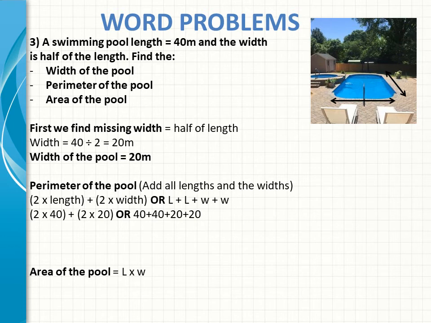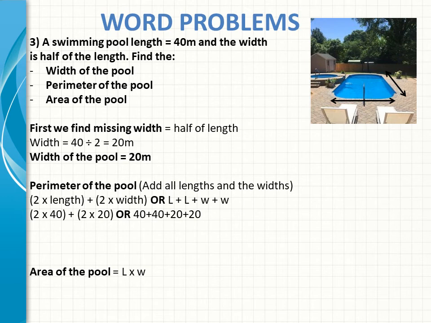And then the width, 20 meter up at the top there where the trees are towards that side, and 20 meters just where the arrow is, close to where the chairs are here. So now we know we have 40, 40, 20, 20. Can we now find the perimeter by adding all the sides together? Sure, we can. Or we can say 40 times 2 plus 20 times 2.